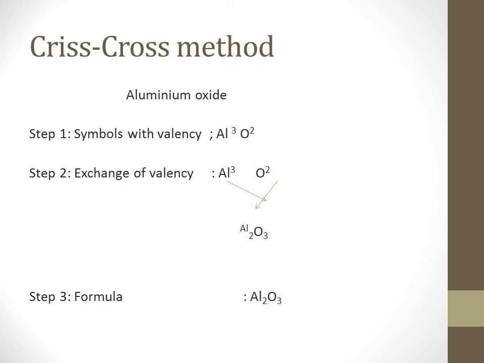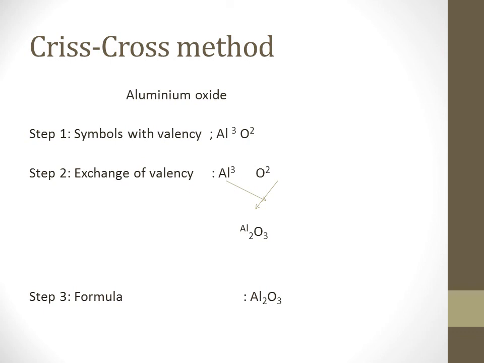So in the first step, you should write the symbols with valency as superscript. In the second step, exchange the valency. The valency of aluminium, 3, is given to oxygen, and the valency of oxygen, 2, is given to aluminium, written as subscripts.